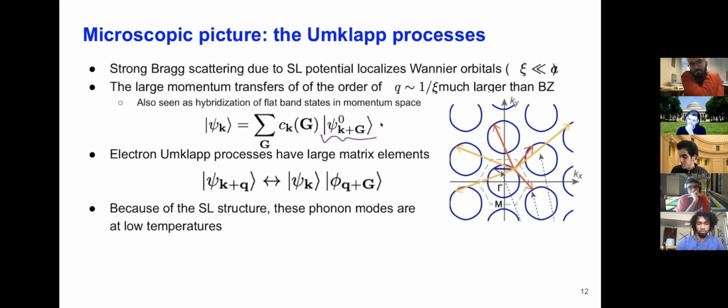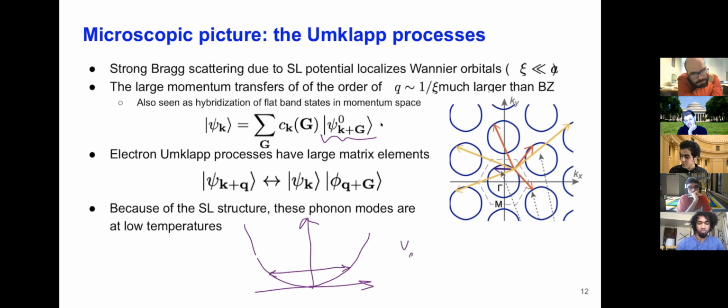So what do we have in Bloch theorem? The first thing that you solve is that you have a parabolic band, and then you get some periodicity on top of it. You say V naught cosine of, let's say, 2 pi r over a, something like this.